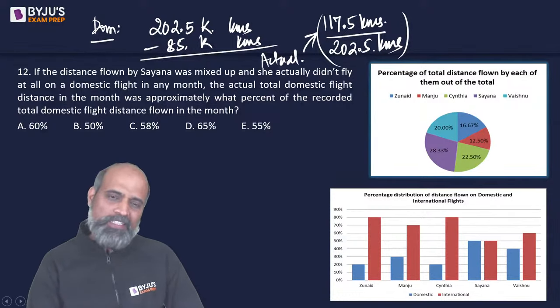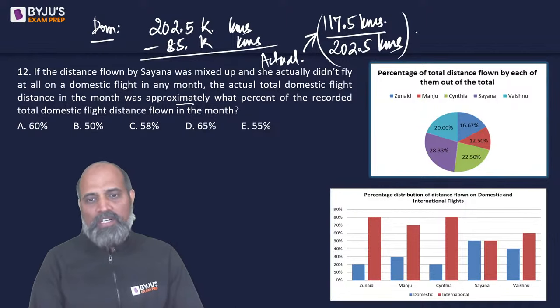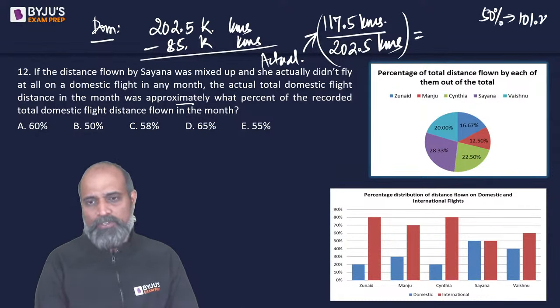So what percentage is this? Since it uses the word approximate, let's estimate. So 10% of 202.5 is going to be 20.25. So that's 10%. If I make it 5 times, 50% is going to be 101.25.